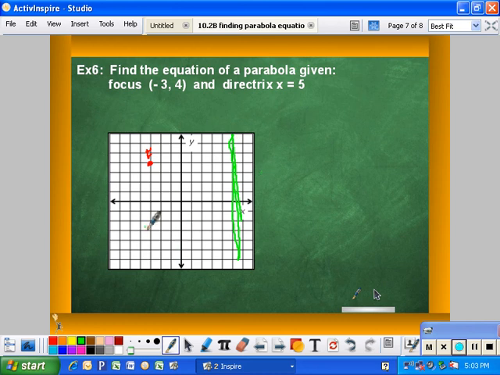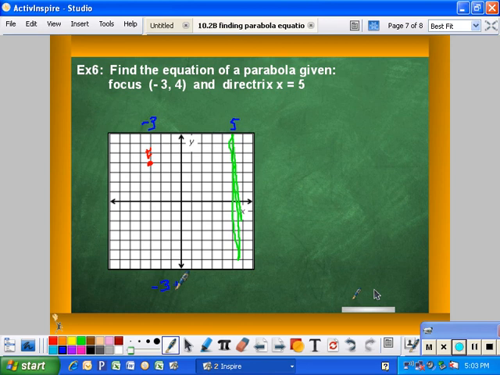Okay, so if the focus and the directrix are equal distance from the vertex, where is our vertex going to be? Let's think about that. Our vertex is going to be halfway through that. So where are we at here? Here we're at a -3, and here we're at a 5. Do you know a formula that you just learned that you can use called the midpoint formula?